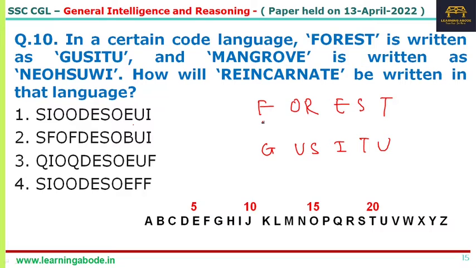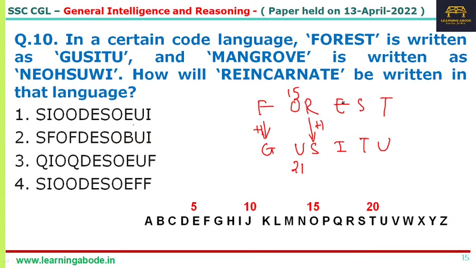Now F plus 1 is G. O is 15, U is 21. Now R, S is the next letter, that's plus 1.